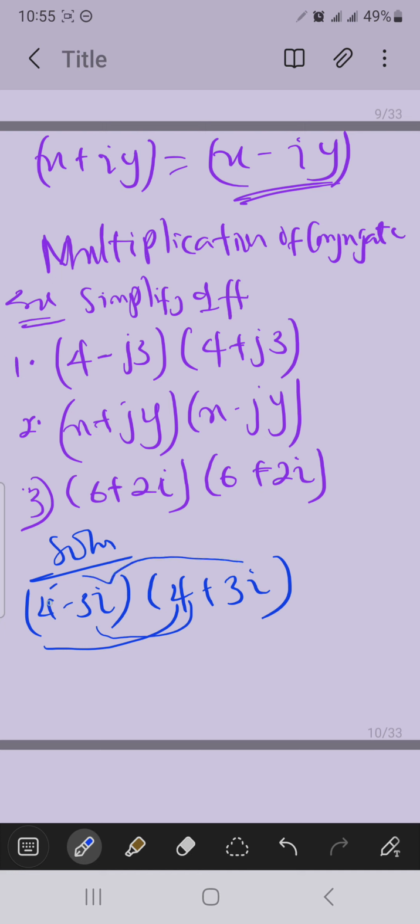So this one is going to multiply this and this. So we have 4 times 4, 16. 4 times this plus 12i, plus the second one is going to be minus 12i, minus times plus minus 3 times 3, 9i squared.